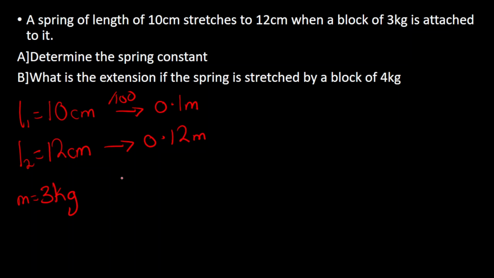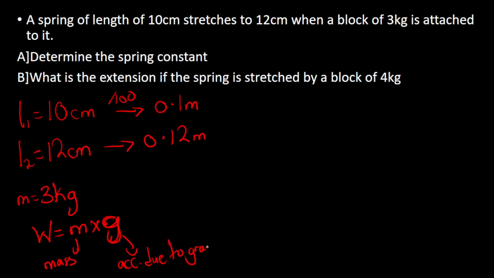We need to convert this to weight. What we can do is say W equals M times G, where M is the mass and G is the acceleration due to gravity. Generally, G is 9.8 meters per second square.